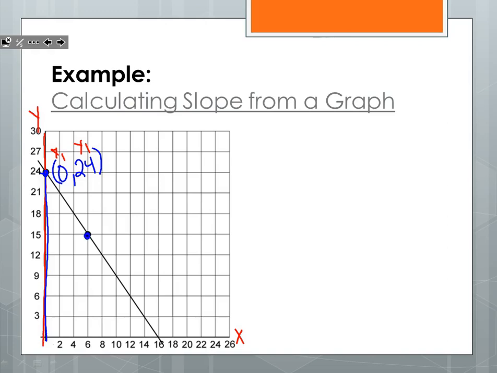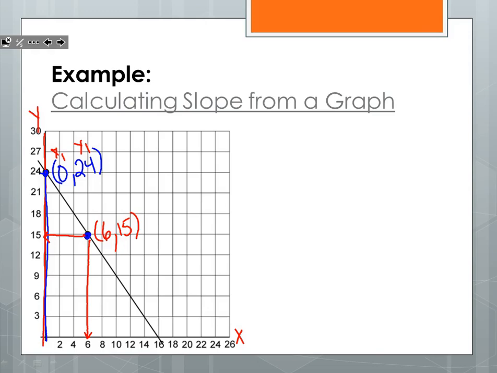I'm going to first find my x2. So I go down. It says my x2 is 6. And then I'm going to look for my y2. I'm going to move over. My y2 is 15. So it's 6, 15.